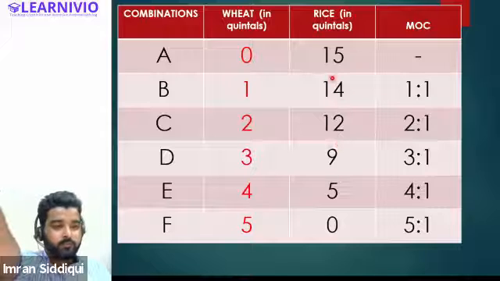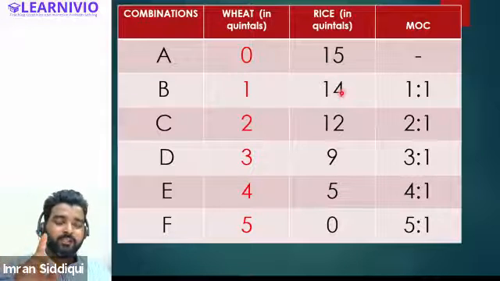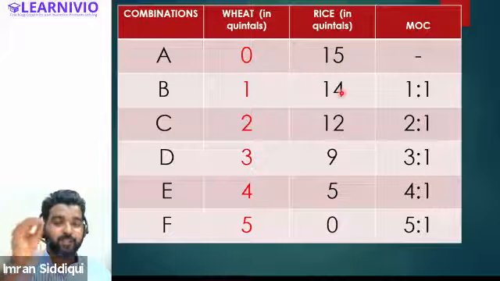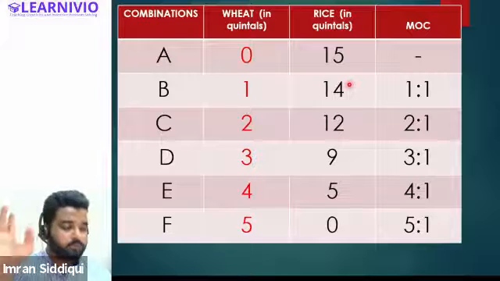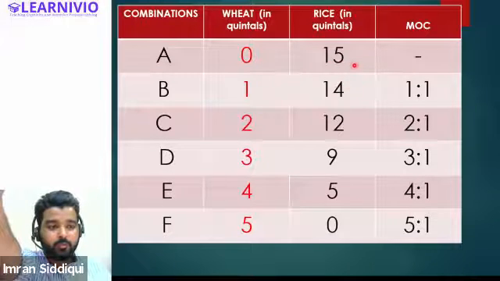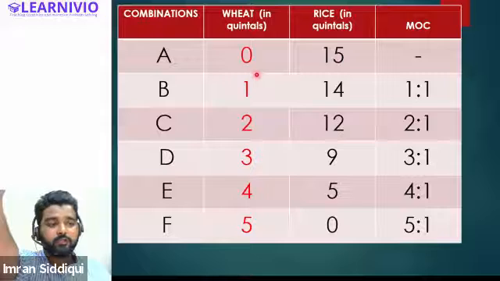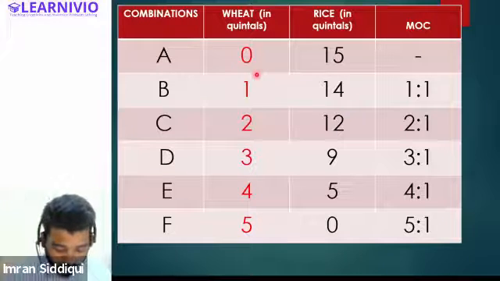The quantity of one commodity that the producer sacrifices every time in order to increase the production of the other commodity is known as marginal opportunity cost.